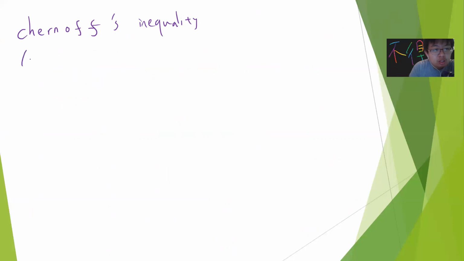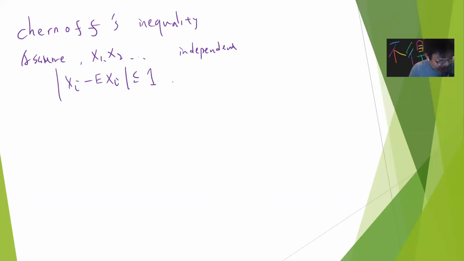So here is the assumption. Let's assume that we have x1, x2, up to xn, which are independent random variables, and suppose that you can control the expectation value of this type of term. Suppose this is, let's say, 1 for all i, and you want to study the large deviation behavior.